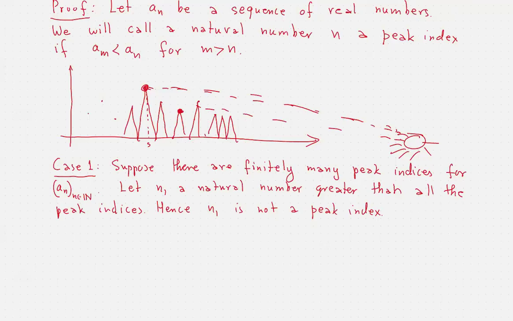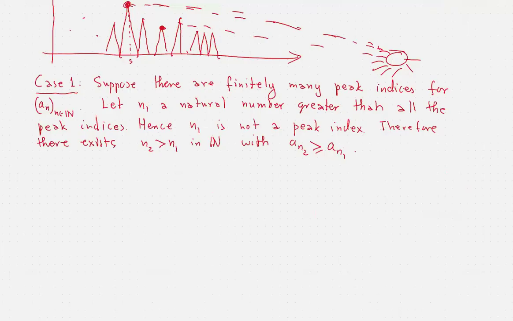Therefore, there exists n_2 greater than n_1 in N with a_{n_2} greater than or equal to a_{n_1}. And now the story continues. So n_2 is not a peak index either.